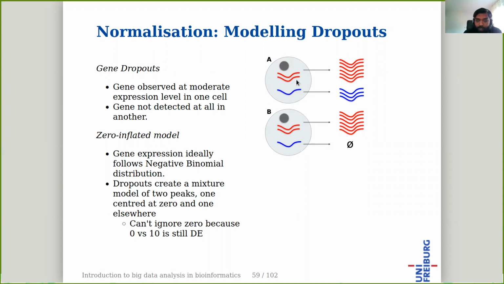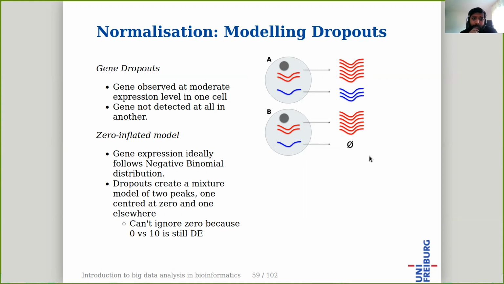But when these are amplified, we see 6 red transcripts and 3 blue transcripts from cell A, but only 6 red transcripts and no blue transcript from cell B. This is called gene dropout. This transcript is completely dropped out. It was never amplified, so we never see the gene that corresponds to this transcript in our analysis.